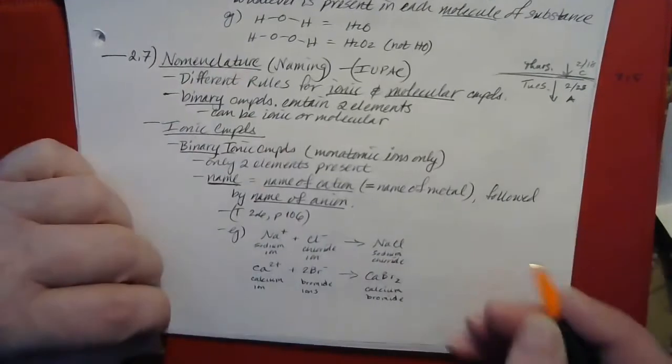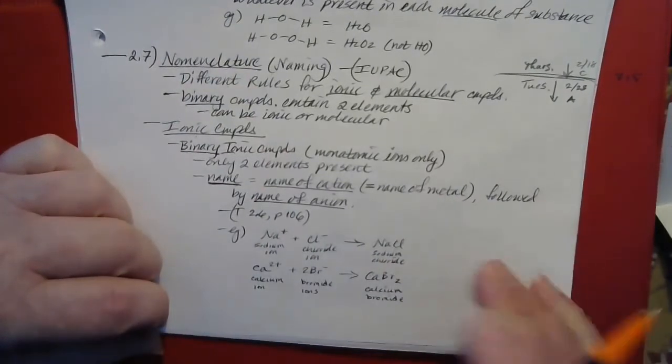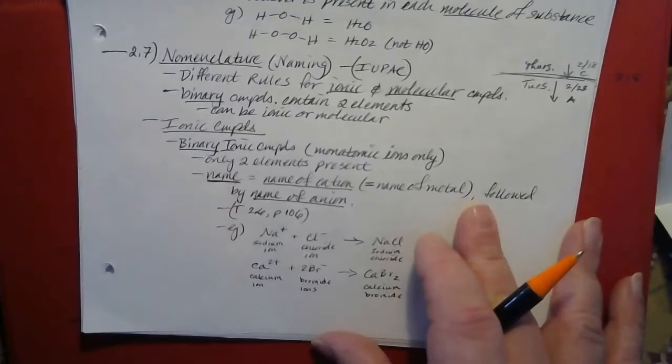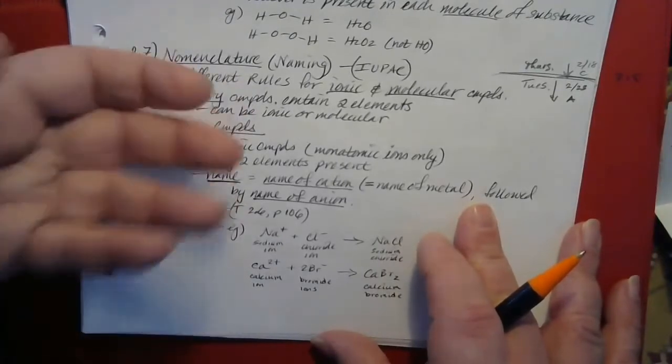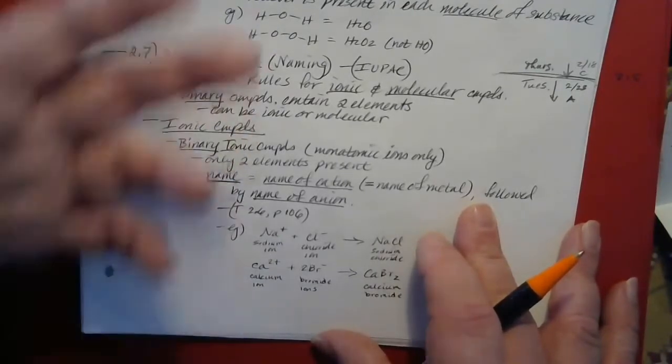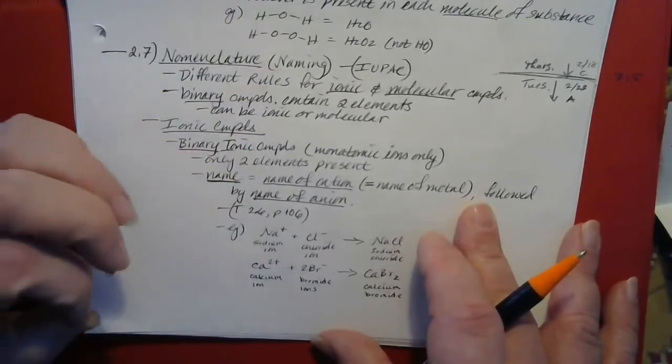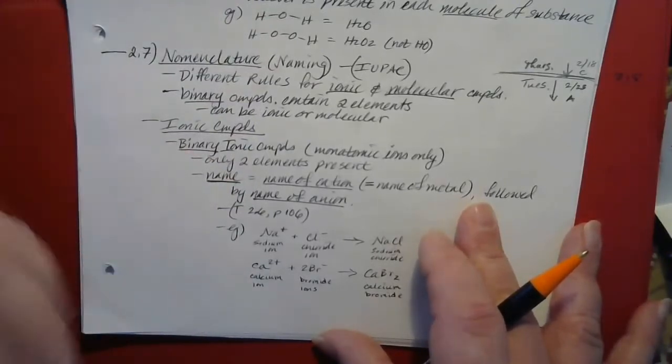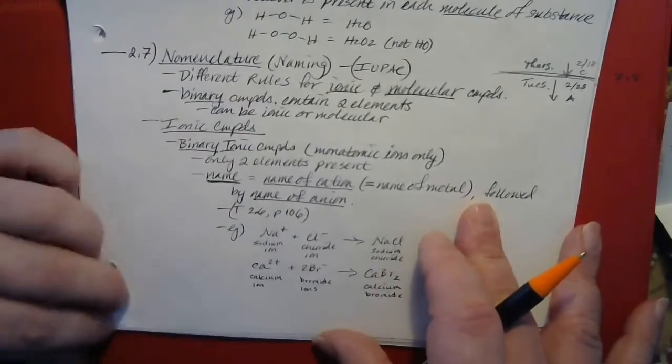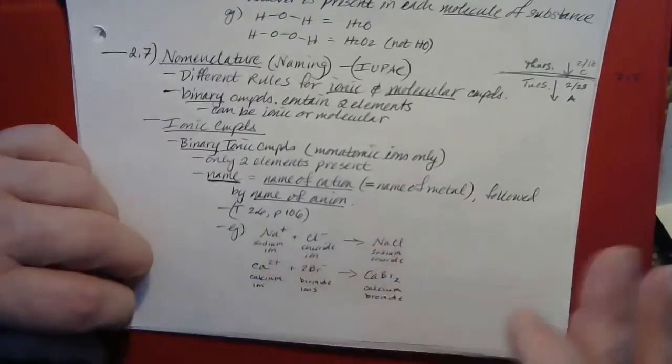Ionic compounds form because they involve positive and negative ions, which being opposite in charge are attracted to each other, and that attraction of the positive and negative ions for each other is known as an ionic bond.